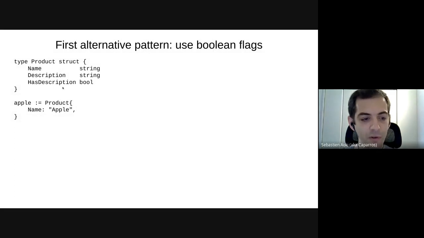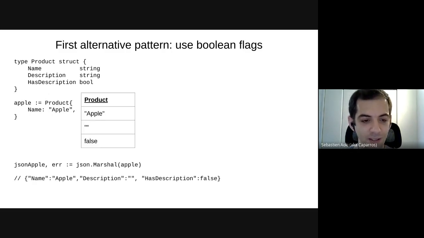This flag will be false. And the drawback of this is that I have to handle this Boolean logically in my code. It's not like my description is empty. It's that I have a property saying if I actually want a description. And in this case, in my memory, what do I have? I still have my struct with an empty string, and now I have a Boolean saying it's false.